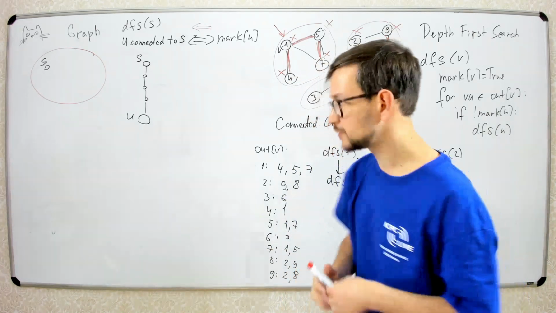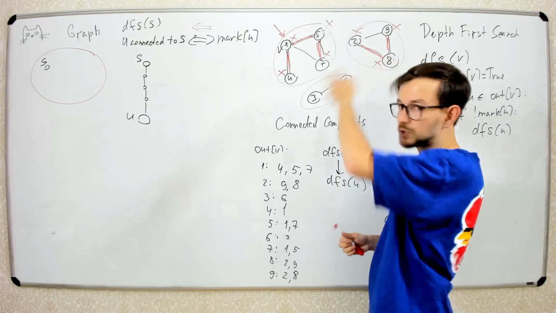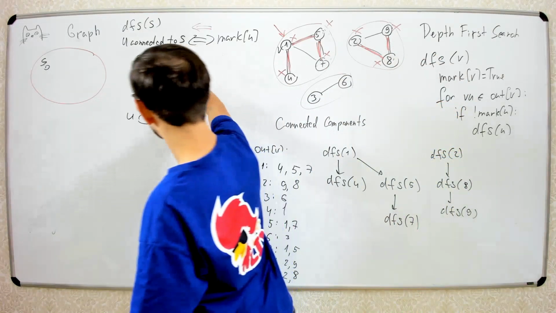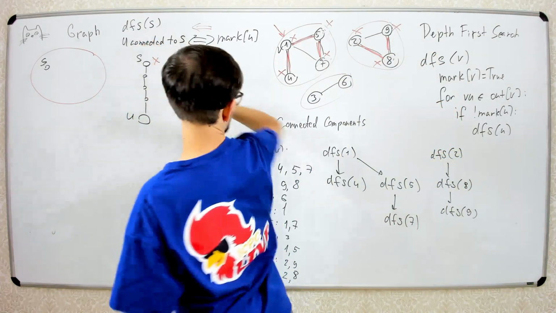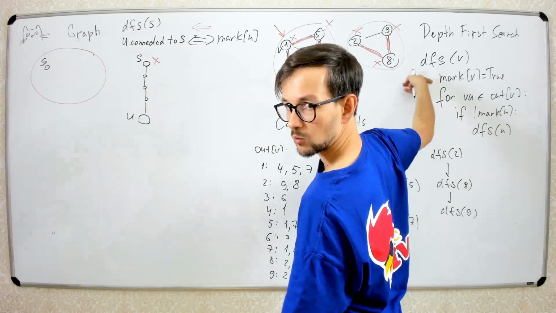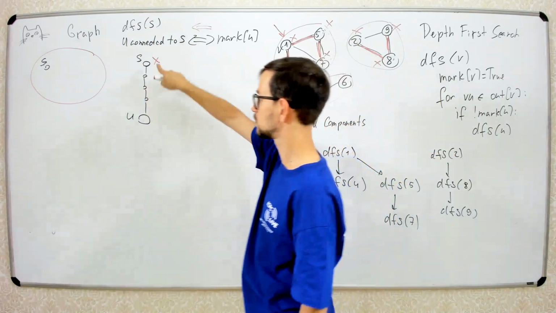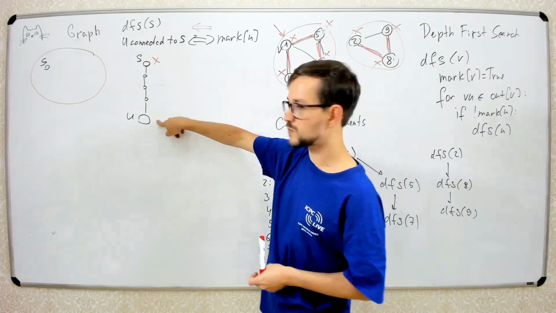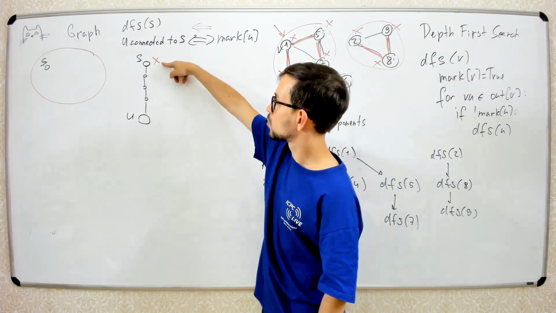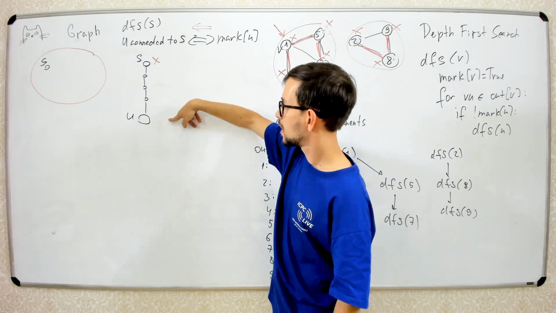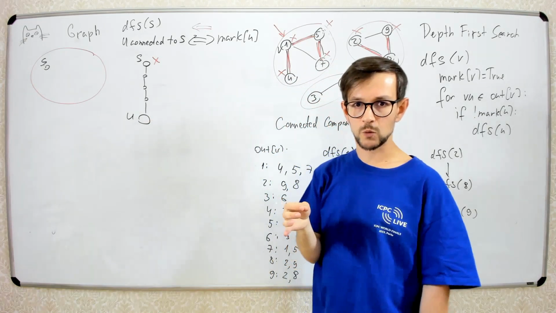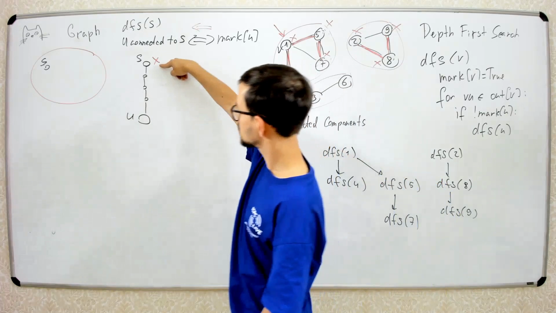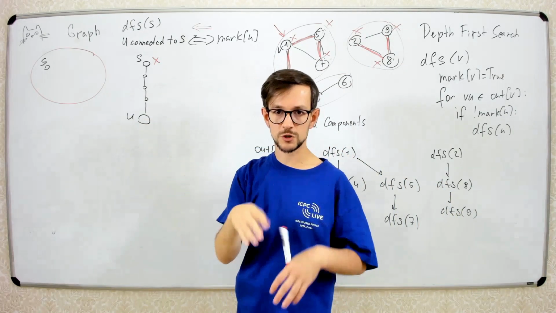How to prove this? Very simple actually. Node S will be marked, because we start DFS from node S, so the first action will be to mark node S. So node S will definitely be marked. Now, if the node U is not marked, let's look at this path and find the first node which is not marked. We start from node S and go down until we find the first node which was not marked.